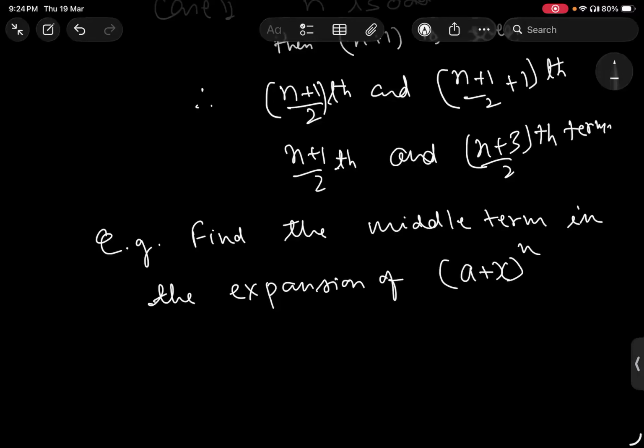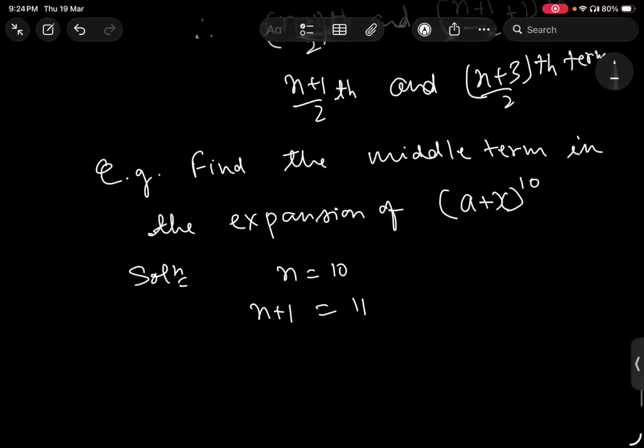Let's take n as 10. So n equals 10 is even. The number of terms in the expansion will be 11. So n + 1 equals 11, and the (11 + 1)/2 th term will be the middle term.